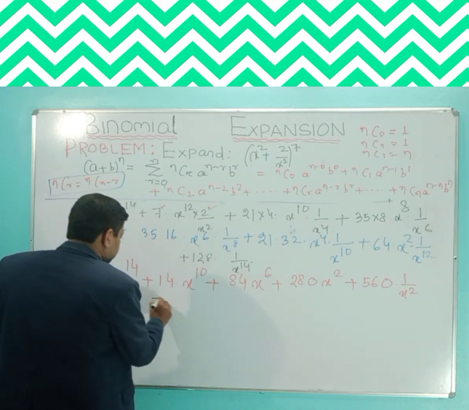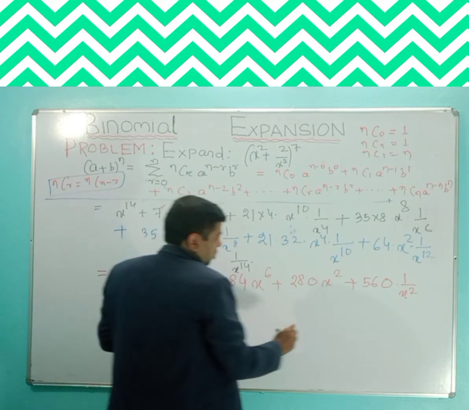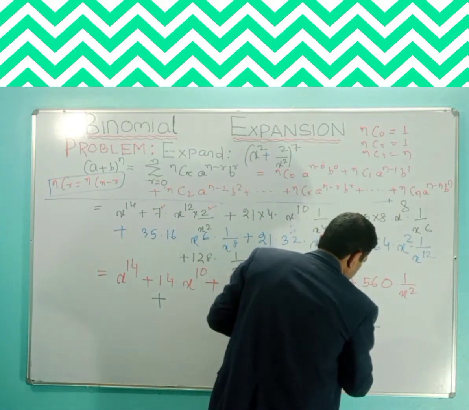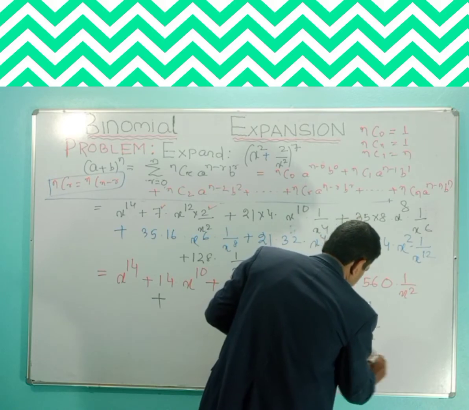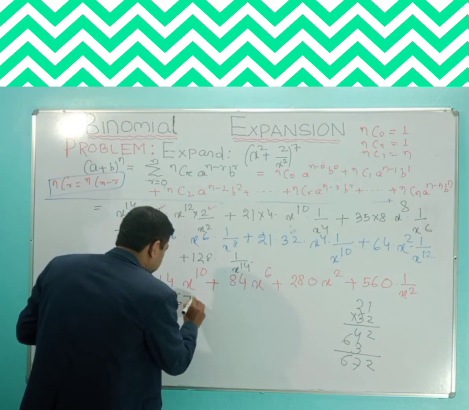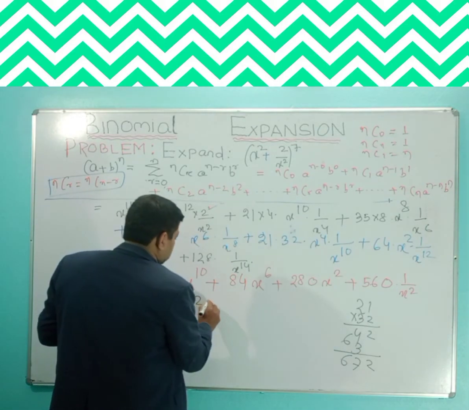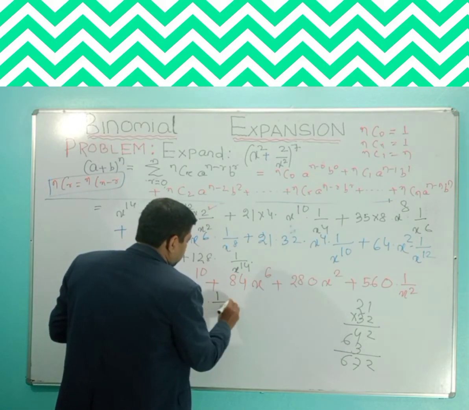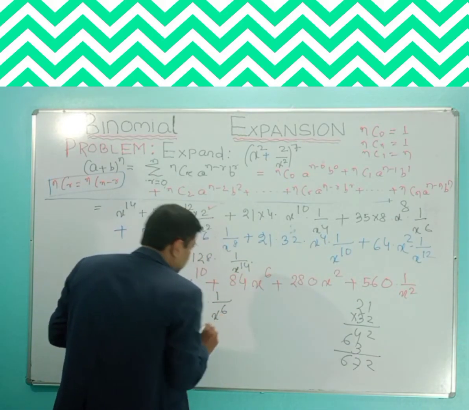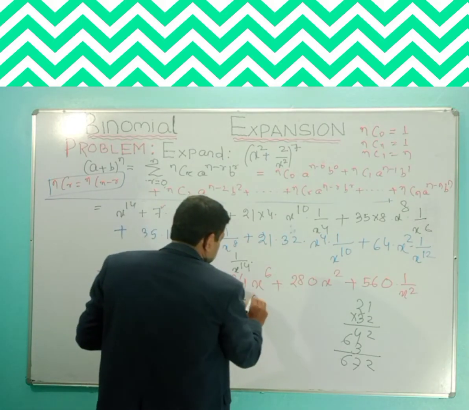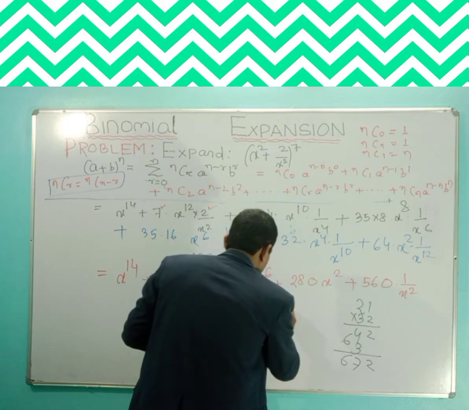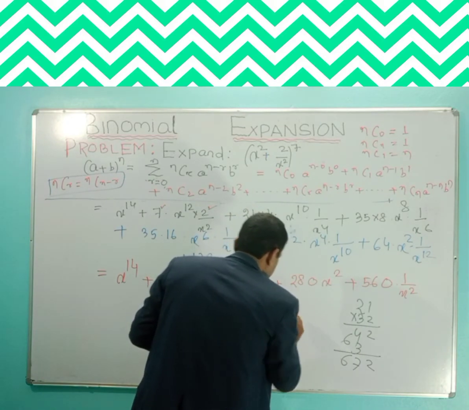Then plus 21 into 32. 21 into 32 multiply. Here 2 1 is 2, 2 2 is 4, 3 1 is 3, 3 2 is 6. It will be 2, 7 and 6, 672. 672. Okay, into 1 upon x to the power 4 divided by x to the power 10, which is x to the power 10 minus 4 is 6, plus 64 here you see x squared and x to the power 12 into 1 upon x to the power 12 minus 2 is 10.